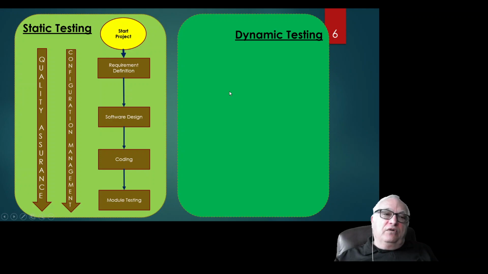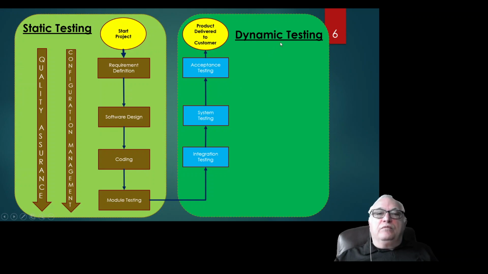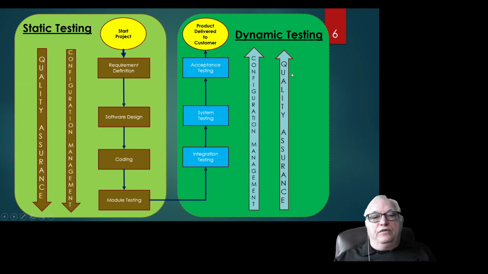Now let's talk about dynamic testing. We have integration testing, system testing, acceptance testing, and product delivery. These three testing phases are what I call dynamic testing. In this portion, we also have the configuration management and quality assurance.